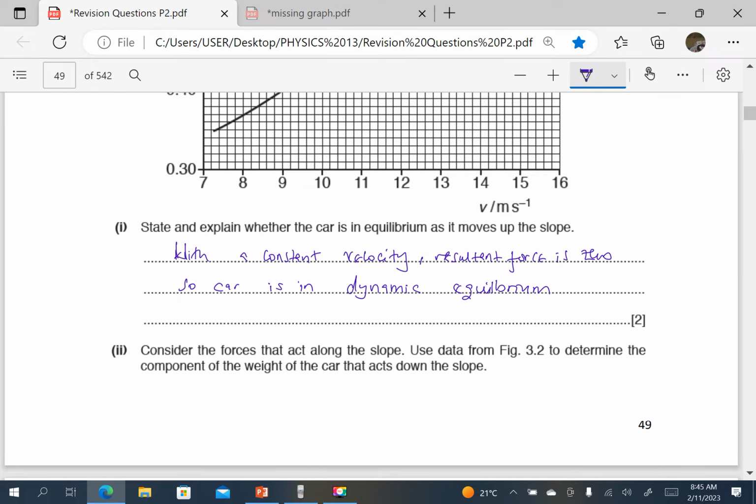Consider the forces that act along the slope. Use data from the figure to determine the component of the weight of the car that acts down the slope.